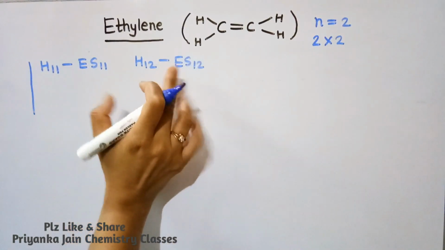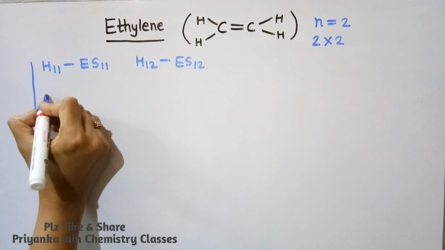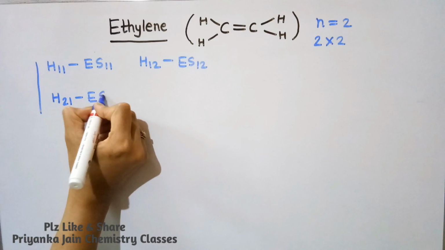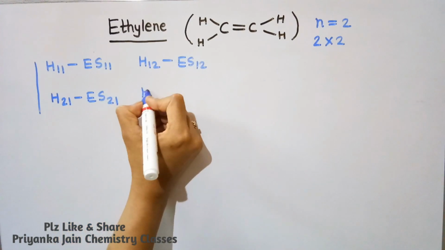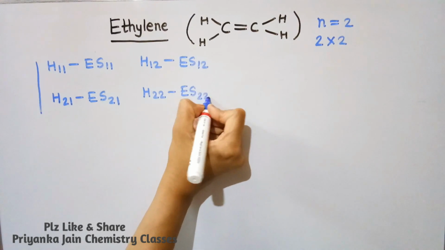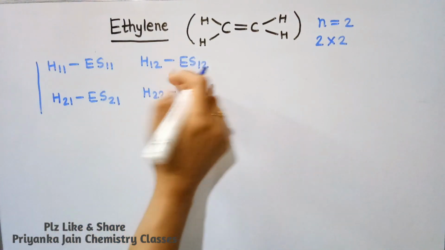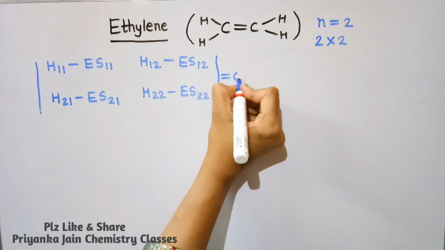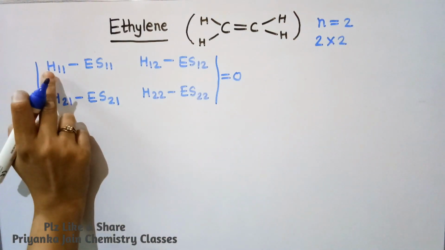As it is a 2 into 2, we have to make only two values here. And then write down here H21 minus ES21, then H22 minus ES22. So this will be a 2 into 2 secular determinant, right? And its value will be equal to 0. Okay, now put here the values.